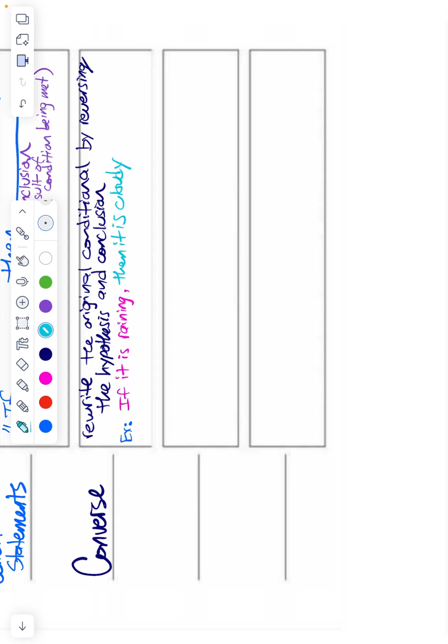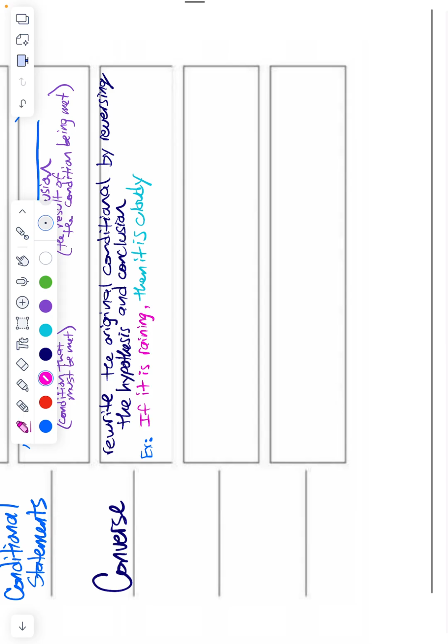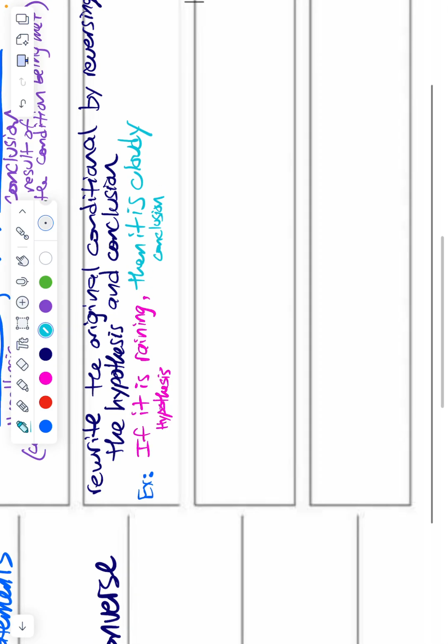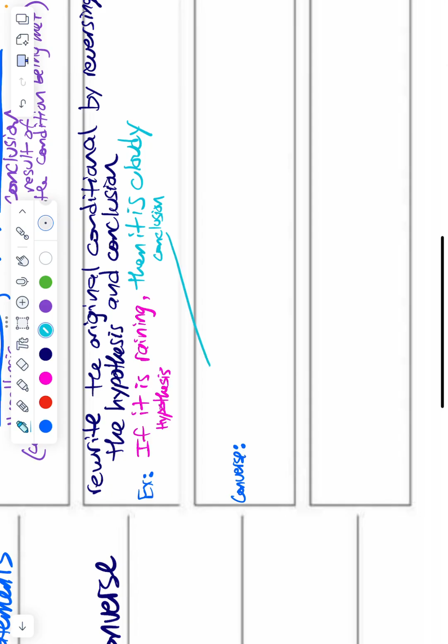Okay. So I'm going to probably use two boxes for this. This is our hypothesis in the original, and this is our conclusion. Now we switch those, and this will be our converse. How will it sound? If it's cloudy, then it is raining.